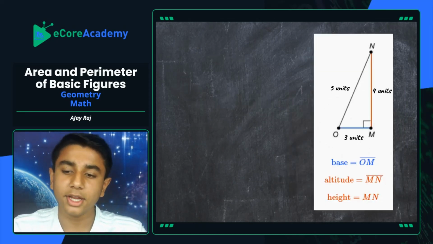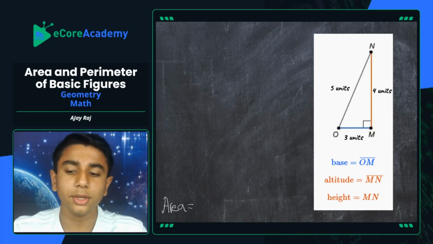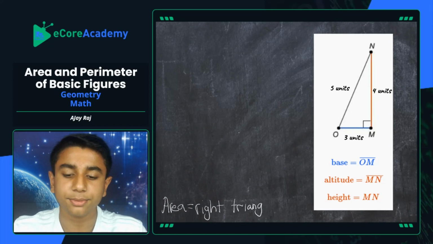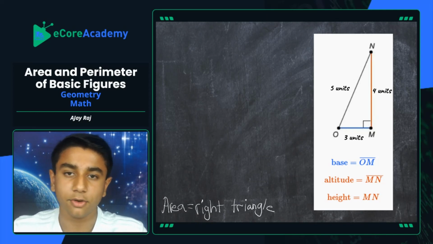We're given a right triangle, and I just want to state here that the area formula will only work for a right triangle because other triangles, you're not given an altitude as a side length. And I will explain that in later videos because I'll do a whole entire lesson or group of lessons on what right triangles are and what triangles are in order to differentiate why this area formula doesn't work.